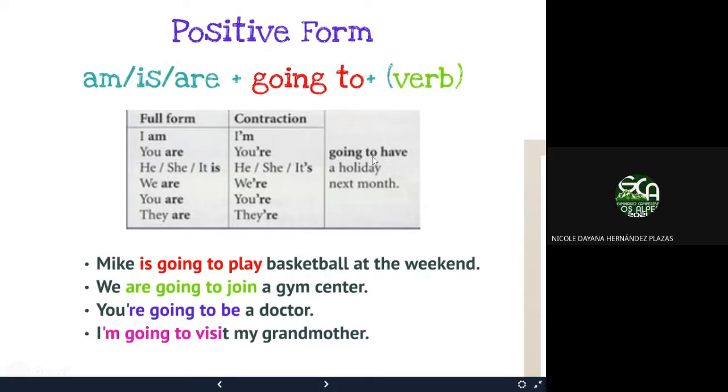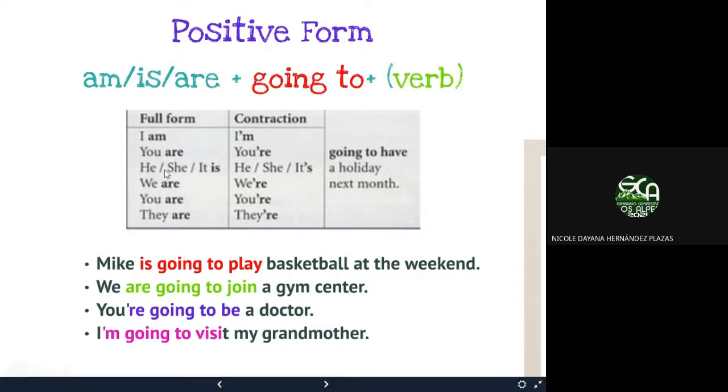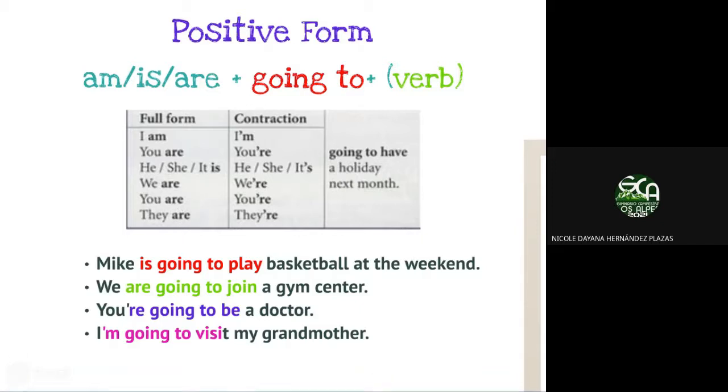So you're going to have a holiday next month and so on. According to the subject, according to the verb to be, you can make the contraction. For example, she can be she's. We, we're. You, you're. They, they're. But the important thing in positive is subject, verb to be according to the subject, going to, verb in infinitive, and the complement.